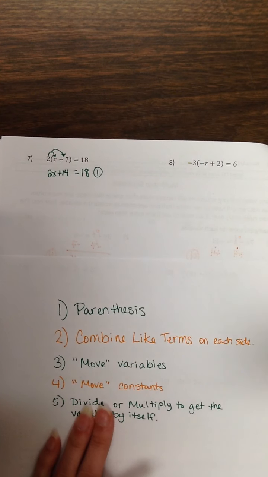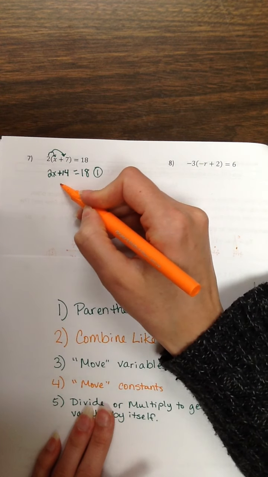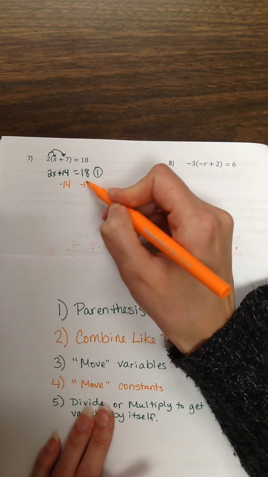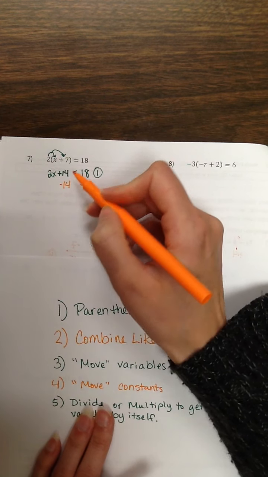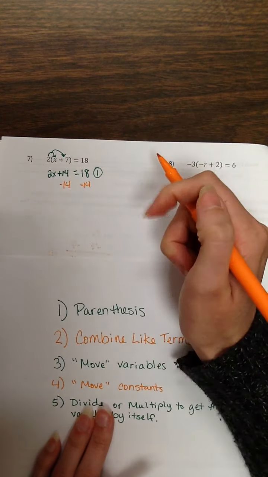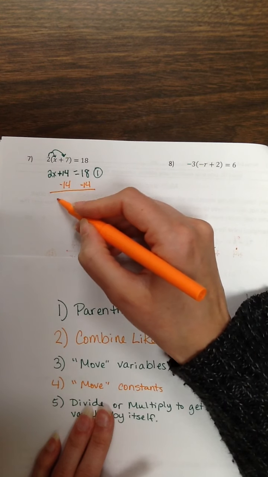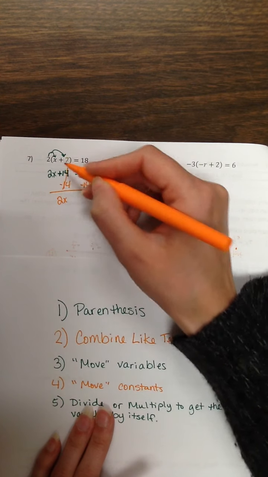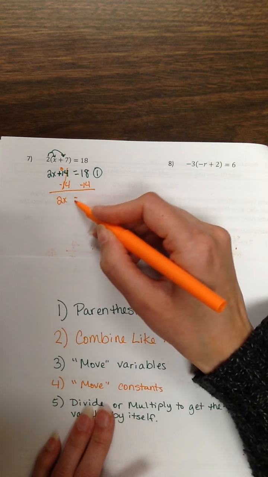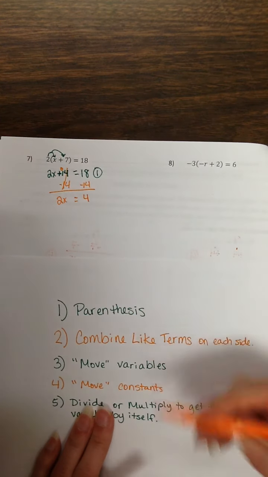And then moving the constants, I'm just going to take that 14 and move it to the right-hand side away from the variable. So I get 2x on the left and 4 on the right.